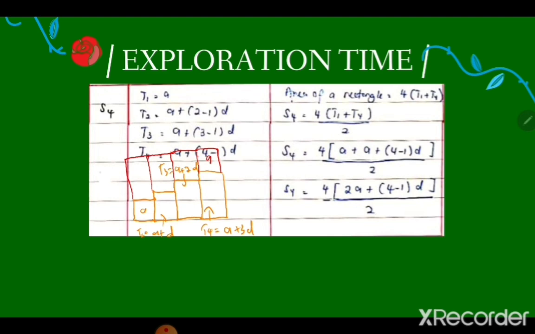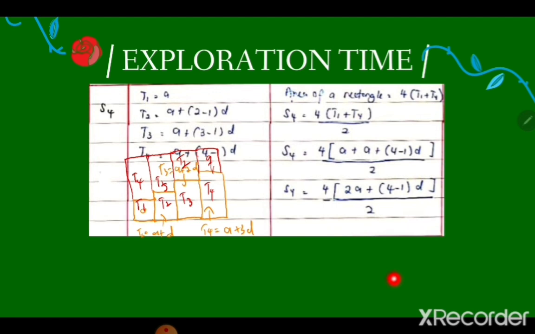Since we are talking about S4, the rectangle involves T1 plus T4, because this is T1 and this is T4. And why does 4 appear here? Because T1 plus T4 is equal to T2 plus T3, and T3 plus T2, and the same goes to T1 plus T4.